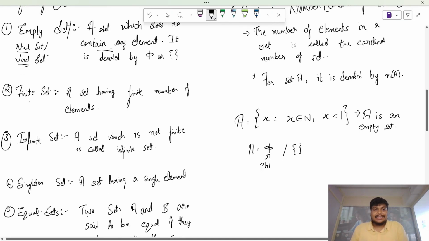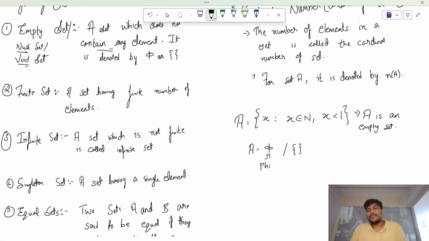Next is finite set. A set having a finite number of elements is called a finite set. Let's suppose we have a set B. Set B is a collection of elements such that it is a natural number and it has to be less than 10. Then how many elements would it have?